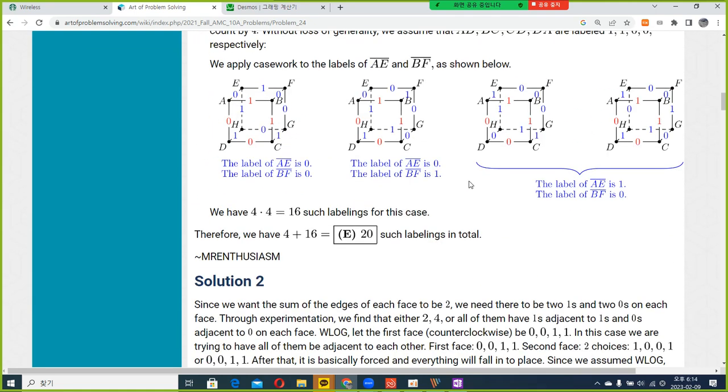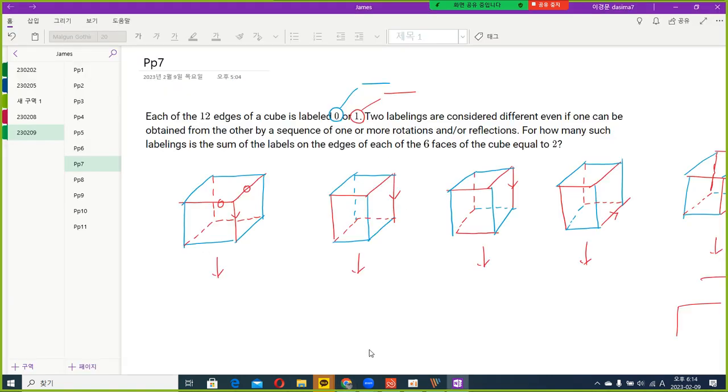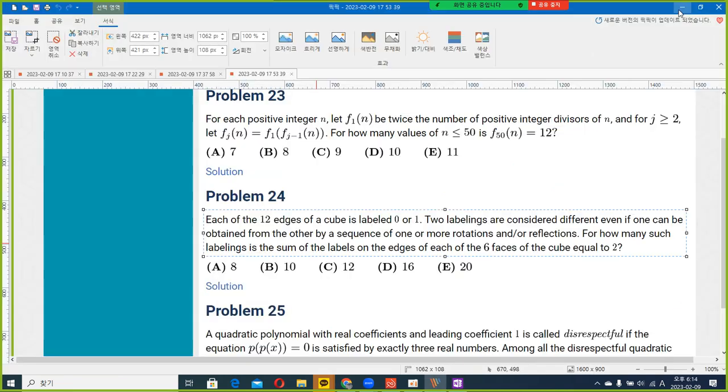Yep. Actually, I made a video for this problem, so I'll send you the link. And if you are not sure about this, you can look at the video again.